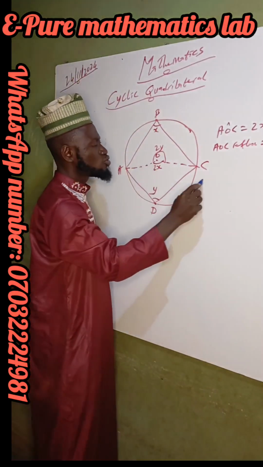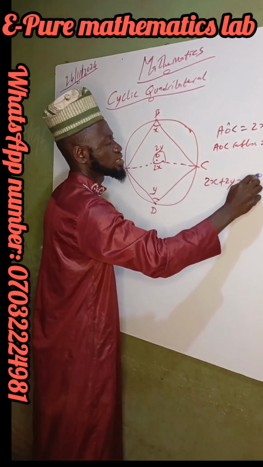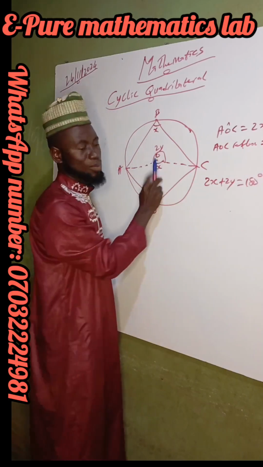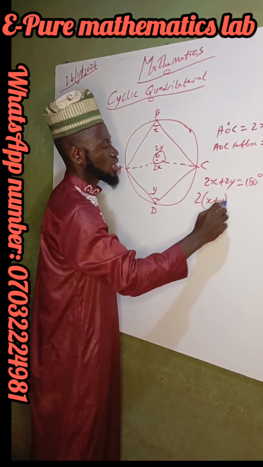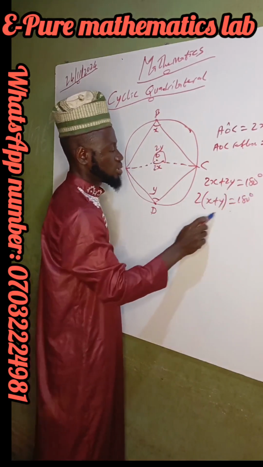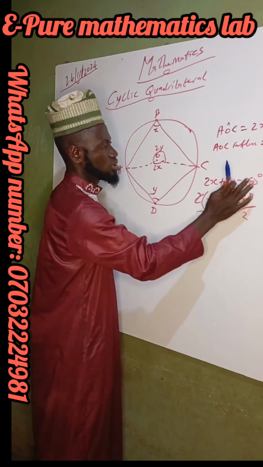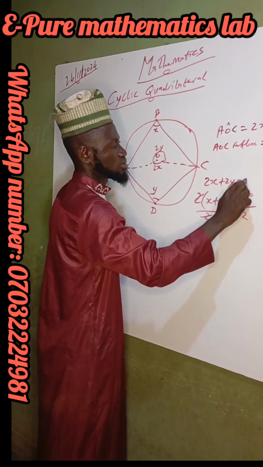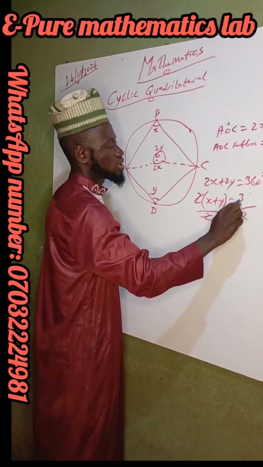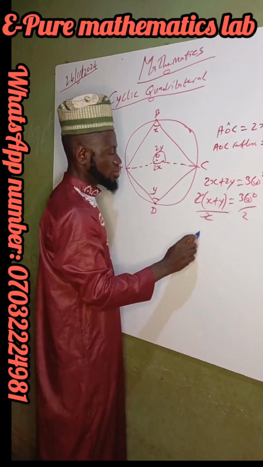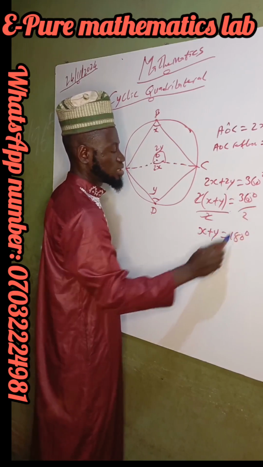So we can now say 2x plus 2y equals 360 degrees. Reason: angle at a point. Then I can factorize 2 out, 2 times (x plus y) equals 360 degrees. By dividing both sides by 2, you can say x plus y equals 180 degrees.